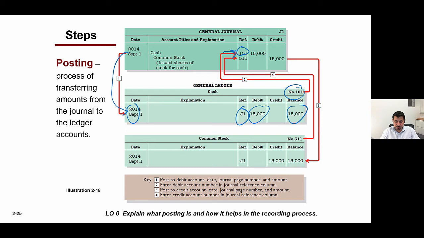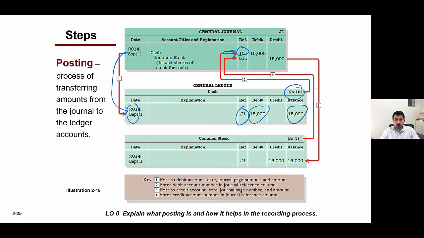The reason we do that is we want to link the information in the ledger and the journal in the two directions. Now we have linked the journal to the ledger, and we linked the ledger back to the journal. And then in the ledger we put the amounts in the appropriate columns.